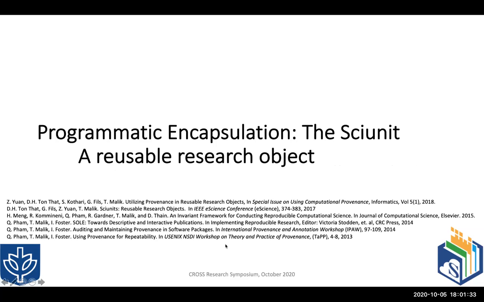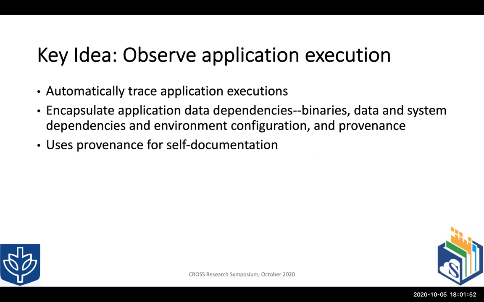So I'm going to introduce the first topic for this, which is the programmatic encapsulation. And the project that we have for programmatic encapsulation is called the PSI Unit. What PSI Unit basically does is create what we say as the reusable research object. So the key idea in the PSI Unit is to observe an application execution and use the trace to encapsulate the application data dependencies.